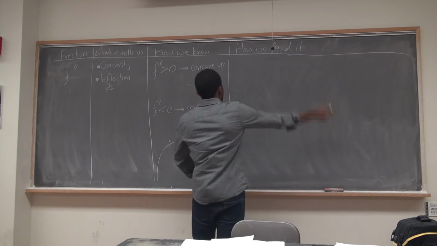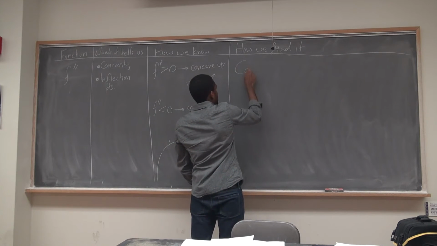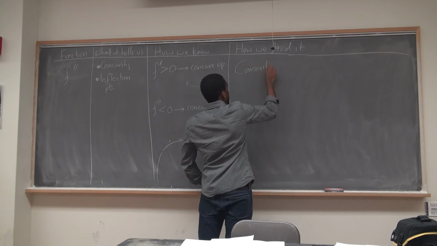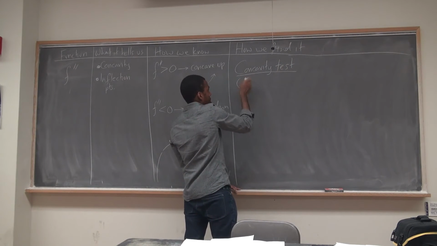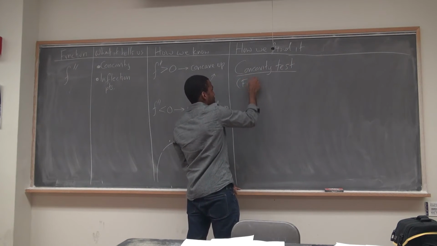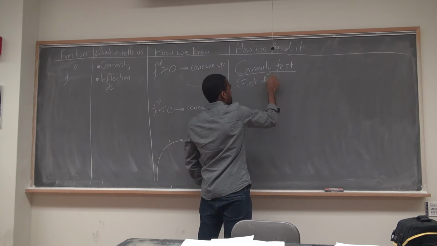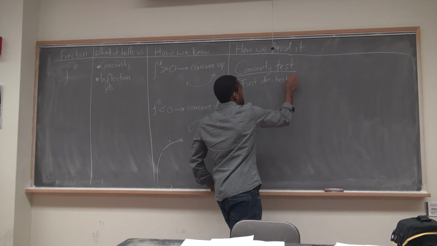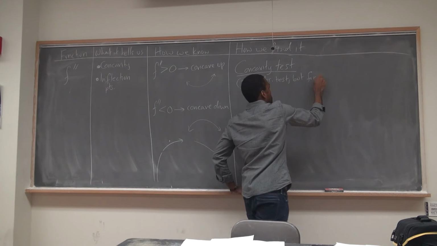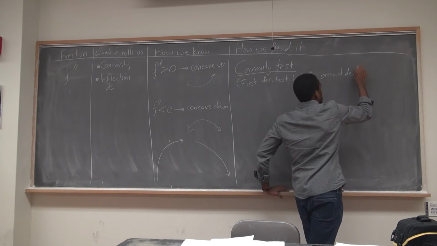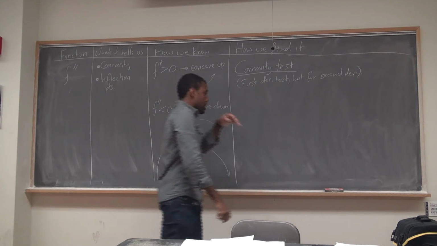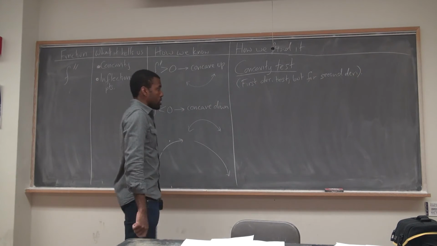How do we find them? Well, there's something called the concavity test. How you want to think of this is, it's pretty much the first derivative test, but for the second derivative. So you're going to find the critical points, and you're going to plot them on a number line.